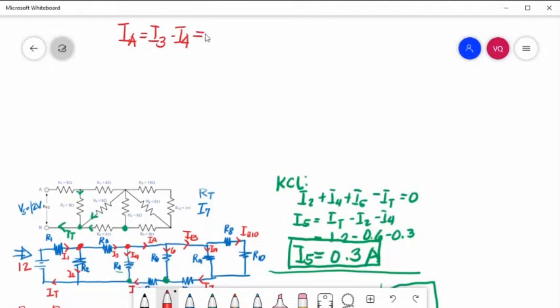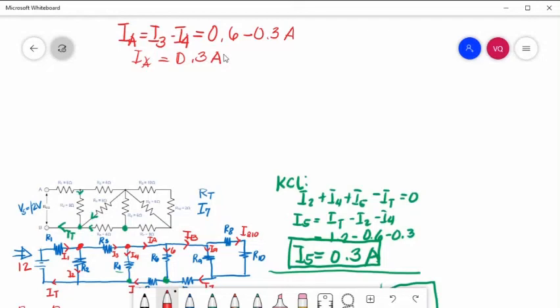Our I3 is 0.6 and our I4 a while ago is 0.3. So, IA is equal to 0.3 amperes.